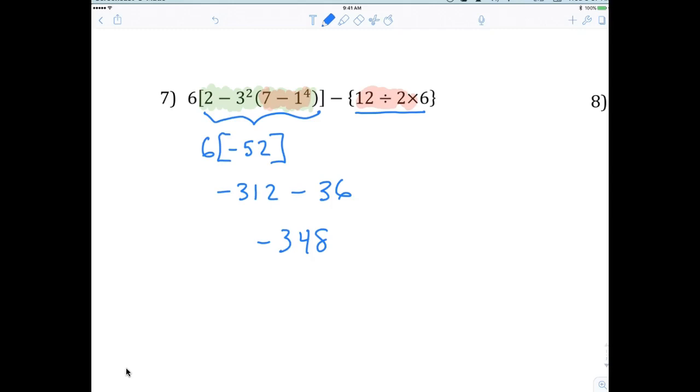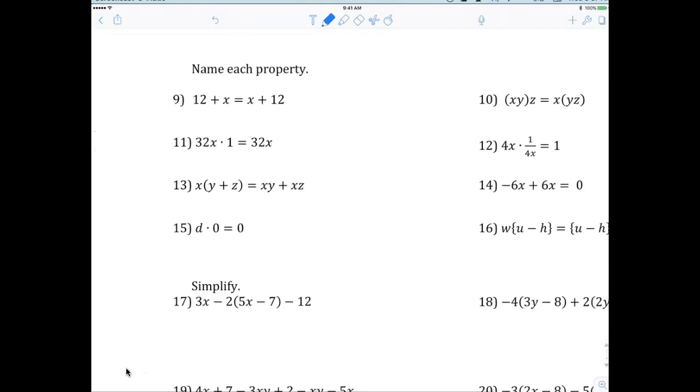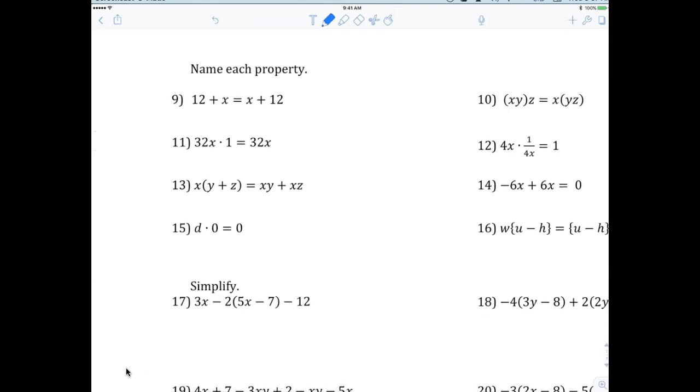All right. Carry on. Let's check out number 9. Name the property. Commutative property of addition. Number 11. Identity. That's right, but we're going to say it's the multiplicative identity.